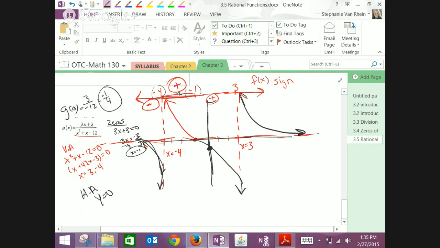You guys see that? So once you know it's above the x-axis or below it, you only have one outcome. You either approach it from below, or you approach it from above. You approach this going to infinity, or you approach it going to minus infinity. You cannot cross a horizontal asymptote when x goes to infinity or minus infinity. Any questions on that? Do you guys kind of see that?